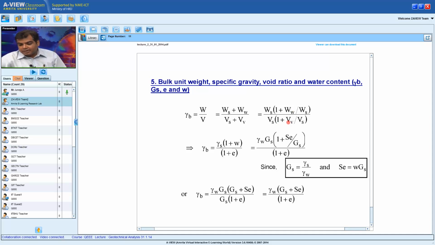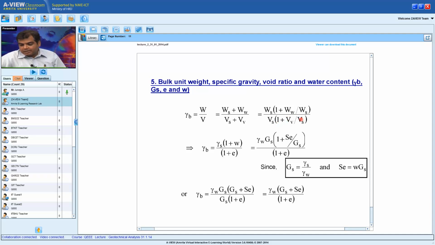And the denominator is 1 plus volume of voids to the volume of solids, which is equal to your void ratio. So, simplifying, bulk unit weight equals the unit weight of solids, and the numerator gives me 1 plus water content, w.